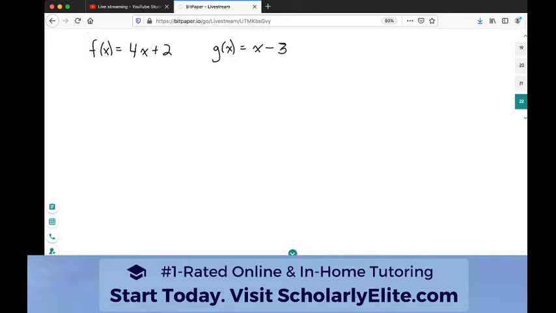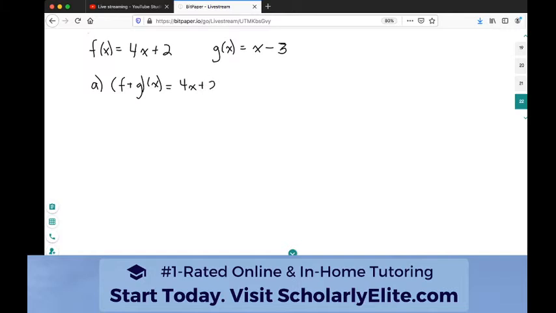Okay, so now let's say that your teacher asks you to write them out f plus g of x. One thing that's really important to remember is that you've got to put the f function first in this scenario. So it's going to look like this.